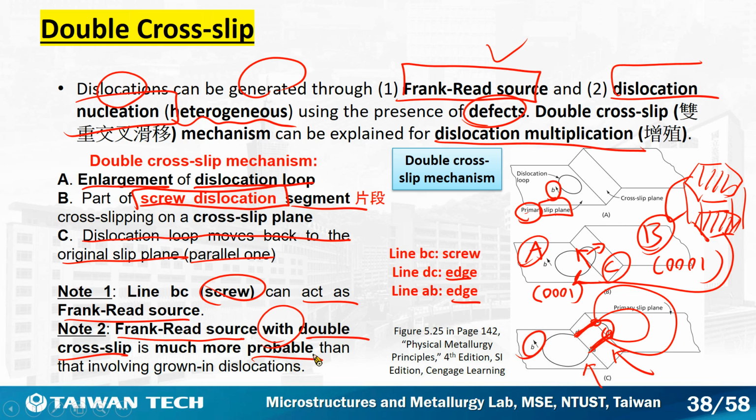So when we talk about dislocation generation, you may say that the Frank-Read source with double cross slip is the first mechanism, and the second mechanism is heterogeneous dislocation nucleation.